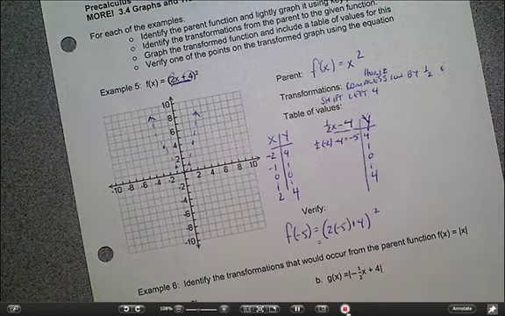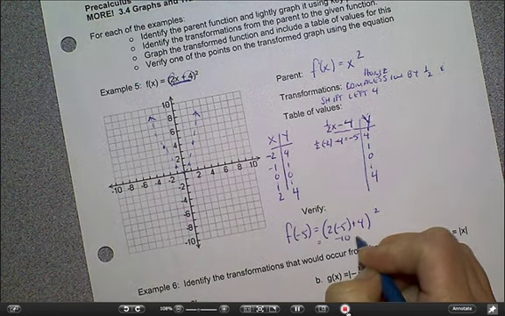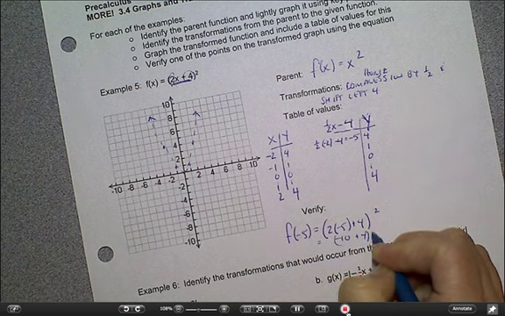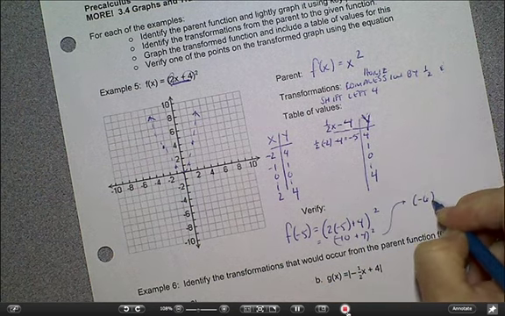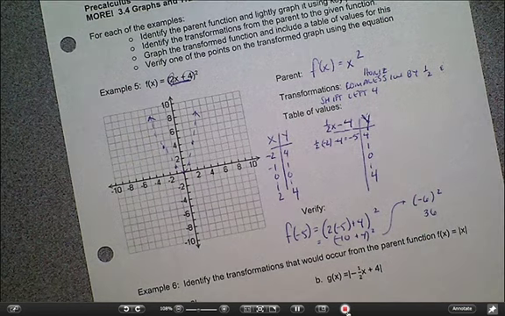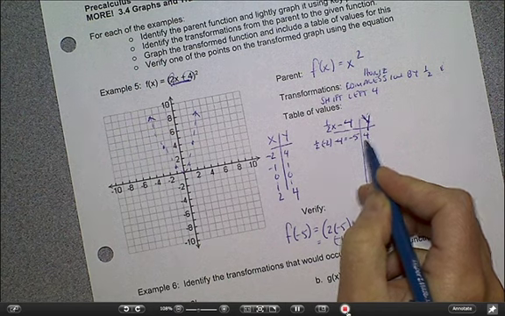So 2 times -5 would be -10 plus 4 and then squared. So that would be -6 squared. Which would be 36, which is not what we thought it should be of 4.